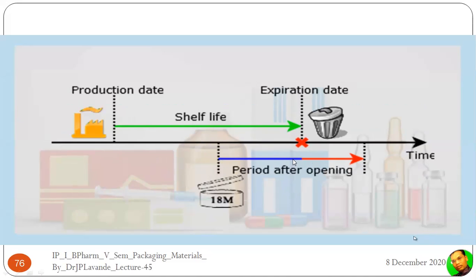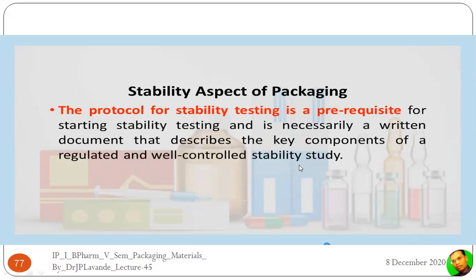So this is the period after the opening. Till its expiry date, the product quality should be maintained, and it is expected not to alter the product qualities till its expiry date. That is the meaning, right?